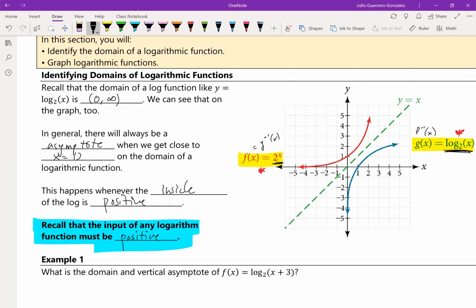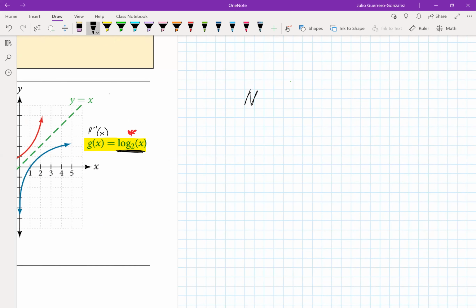What are the two things that we can't do in math? Divide by 0 or have a negative inside of a square root. Right. Does that make sense? So I'm going to write it over here. Math no-nos, the things that we can't do in math. Two.